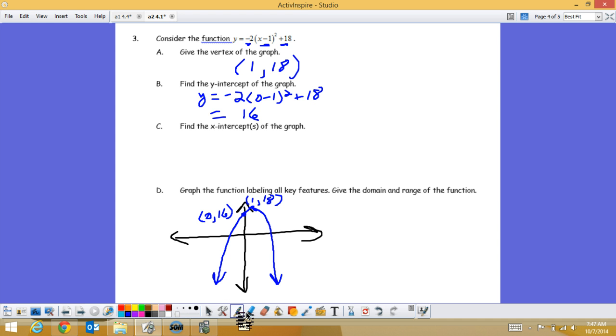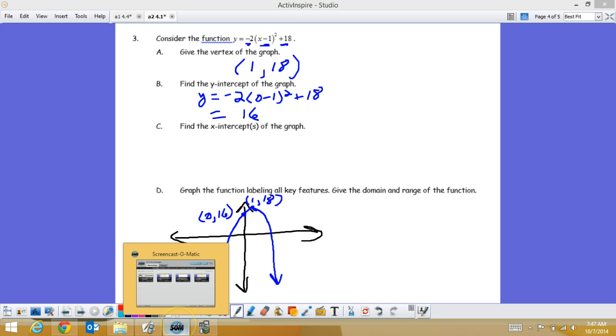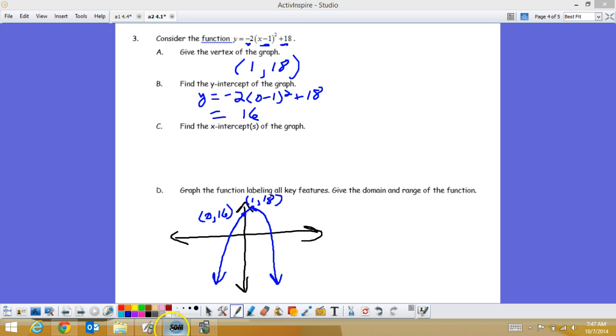And then the last step, finding the x-intercepts. Okay, continuing on, we found the vertex and the y-intercept of this graph. To find the x-intercepts, once again, just like with the absolute value, we are going to substitute 0 in for y.